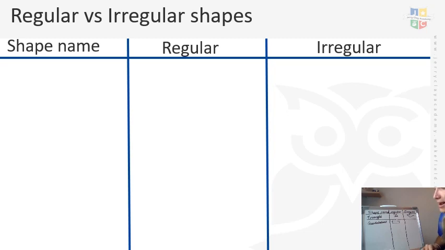Now if it was an irregular quadrilateral, this would mean that I would have different shaped sides. So as long as it is a 4-sided shape, I could do 1, 2, I could even go in 3, 4. Then I would draw an irregular shape because I've got 4 sides, all of different lengths and of different sized angles as well.